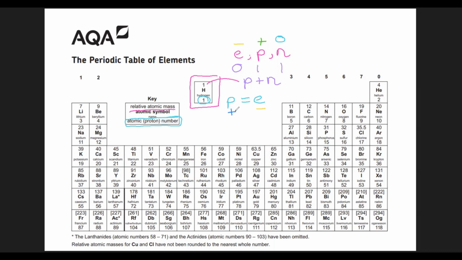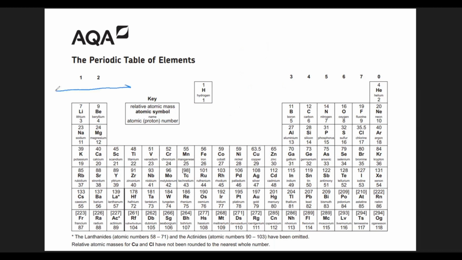Now that we understand what the tiles actually mean, we can go through and talk about the groups as well as the periods. So the groups run vertically down the periodic table. Now for AQA, they're labelled. I also believe they're labelled for all of the other exam boards. So we have group 1, group 2, group 3, all the way to group 0. Now, group 0 is sometimes called group 8.